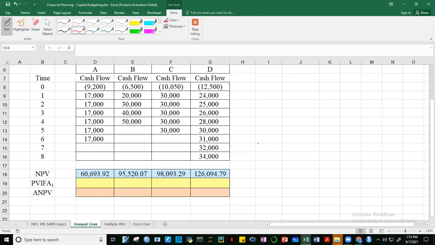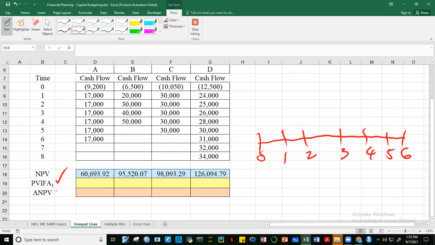So we have here our cash flow. 0, 1, 2, 3, sabihin natin 4, 5, 6. And then we need to get this one, present value interest factor of annuity of 1. So, paano natin kukunin yan?